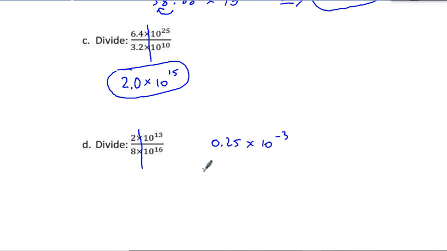Again, that temptation, just like in letter B, is to stop here, but a 0 is the number that's in front of the decimal, and that's not okay, so we're going to move to the right one place to have 2.5 times 10 to the, we moved to the right, so this is going to be negative 1 that we're going to add to that negative 3 and have an exponent of negative 4.